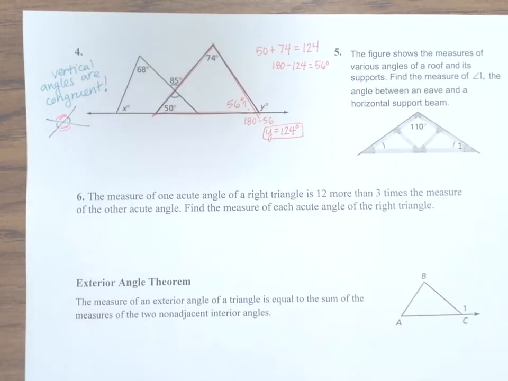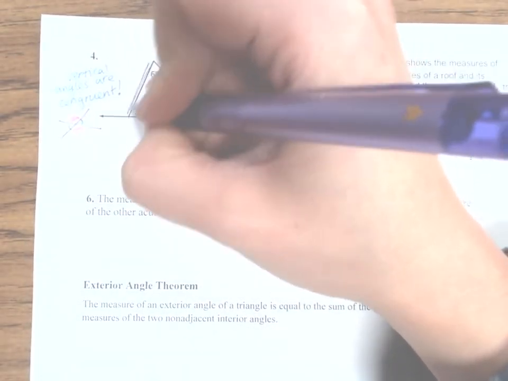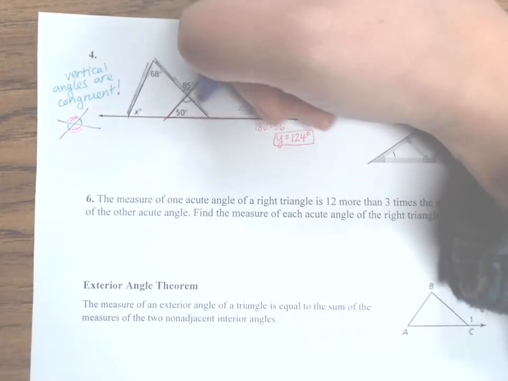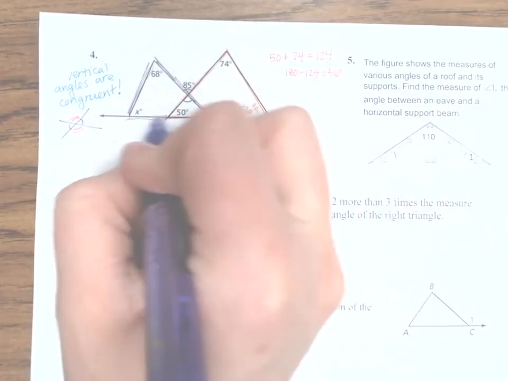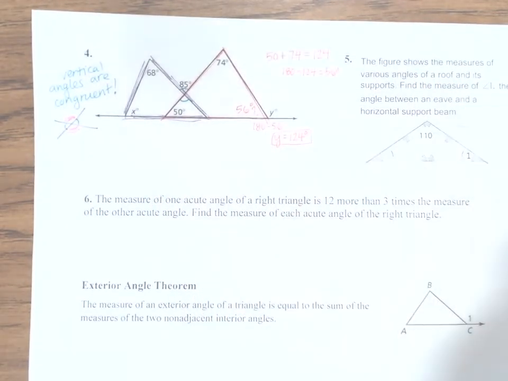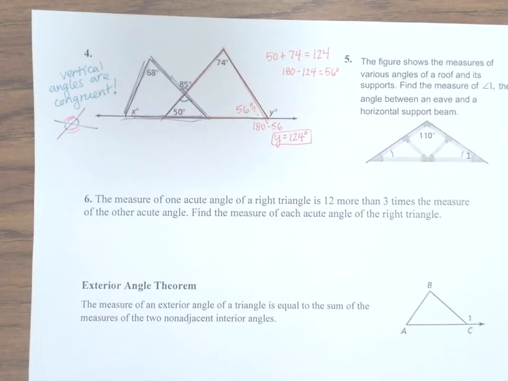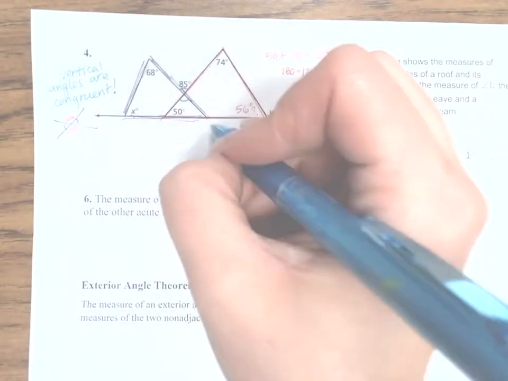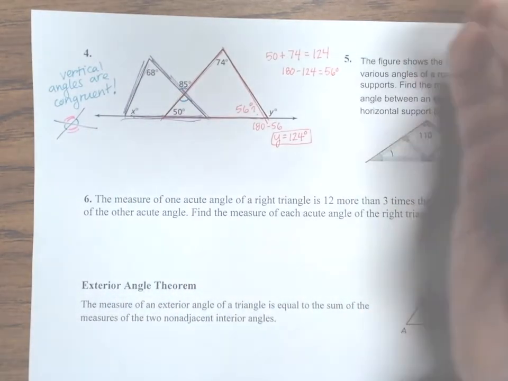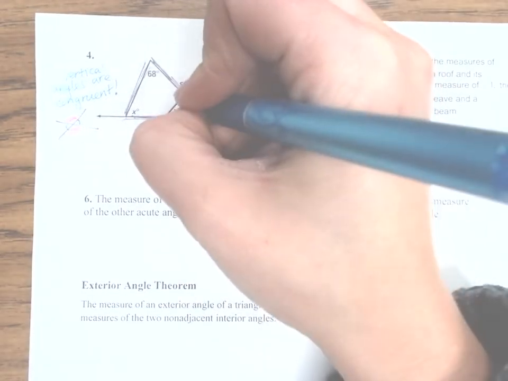Okay, so to find x, we're looking at this bigger triangle here, this one. But in order to find x, we need to know this angle right here. So to find this angle, we're actually going to look at this smaller triangle inside here. Vertical angles are congruent, which means I know that this angle right here is going to be 85 degrees.